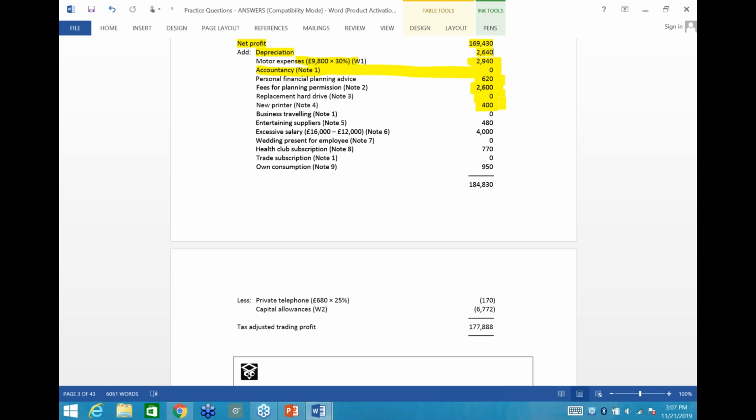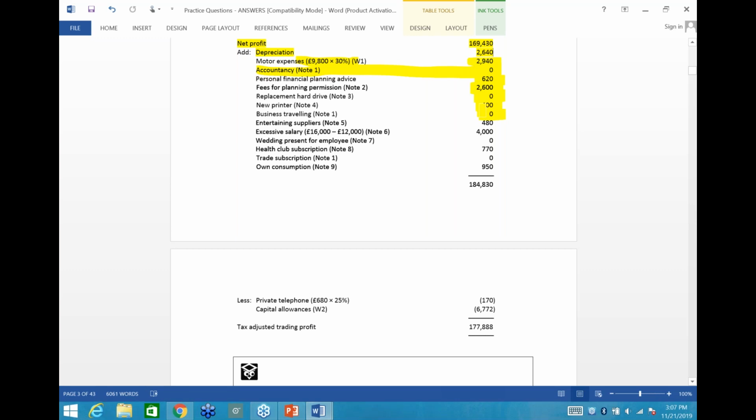Now, business traveling, if it is wholly and exclusively for the purpose of business, for the purpose of trading, then it is an allowable expenditure. No adjustment is required. That's why we have put 0.